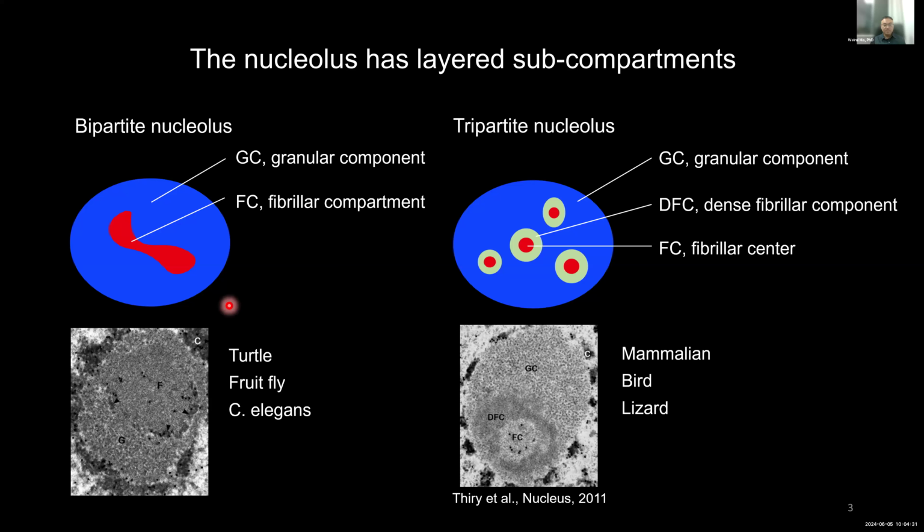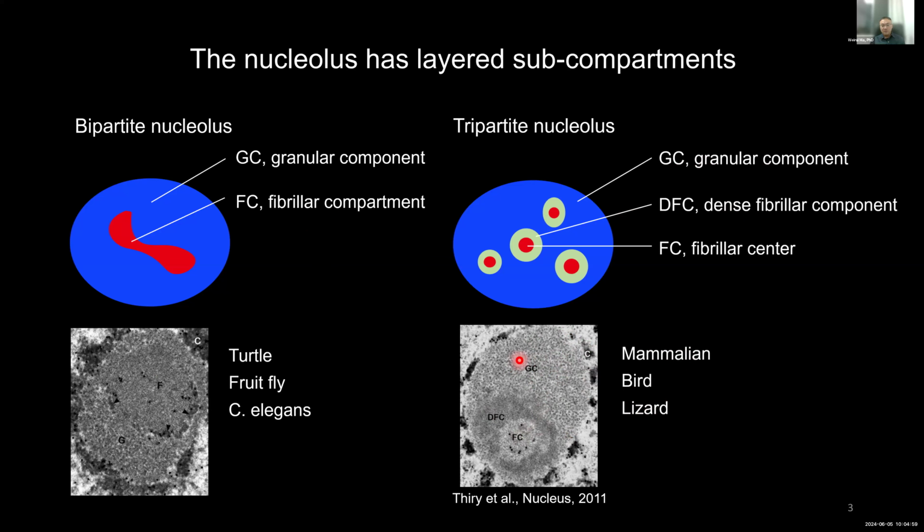fibrillar compartment. In mammals and birds and also lizards, the nucleolus has 3 layered subcompartments, so it is called tripartite. The outside is GC, granular component. You can see on the electron microscope, here's a nucleolus of the lizard. This region has those granules, so that's called granular component.